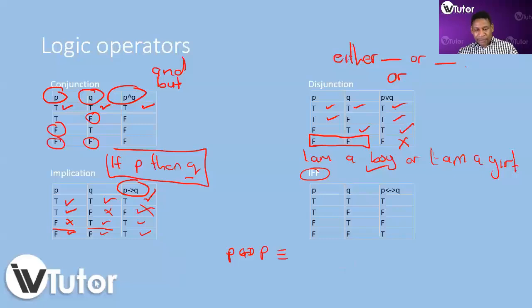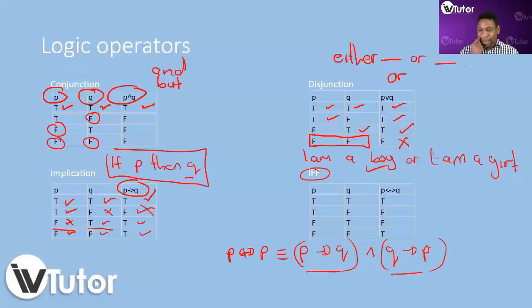It is equivalent to saying P implies Q and Q implies P. So there are two conditionals that are conjuncted together. Remember, conjunction says both need to be true.